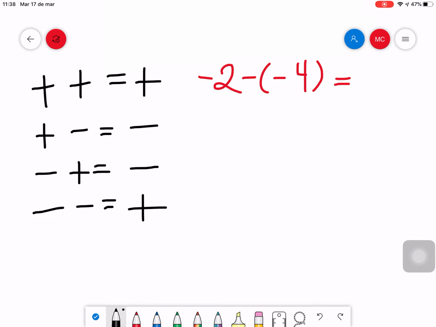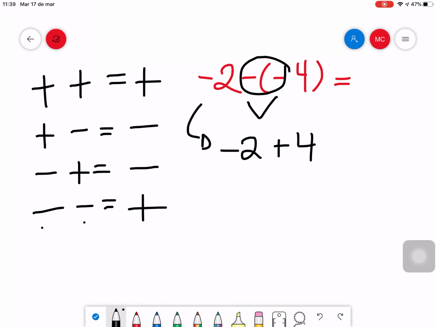Remember that the rule is I cannot have two signs in the same part, so I need to decide which one is gonna stay, and I apply the rules. Negative and negative give me positive, so this will be changed to -2 plus 4. Remember, this doesn't exist anymore.